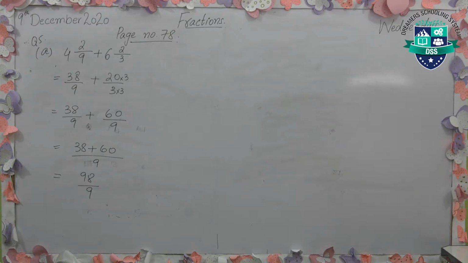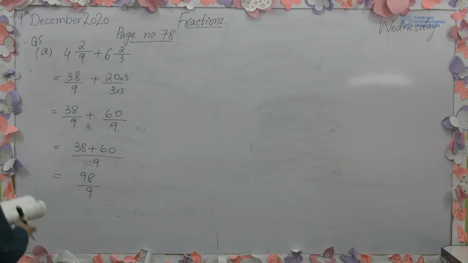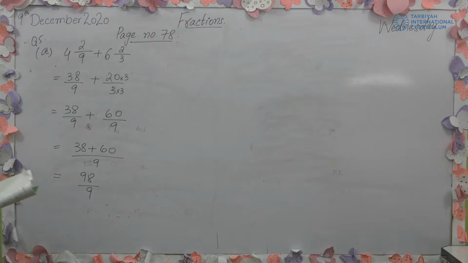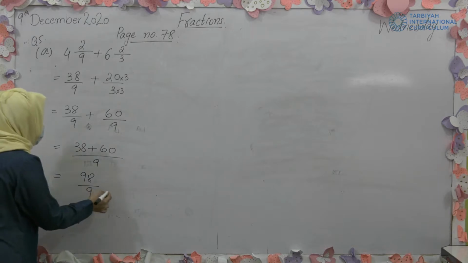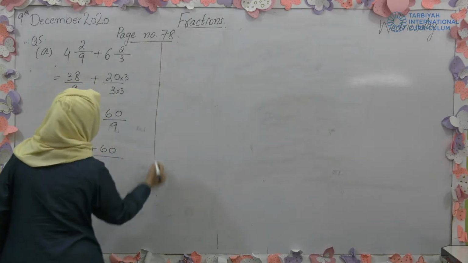In the simplest form, can 98 by 9 be divided by any number? No. This is the simplest form.